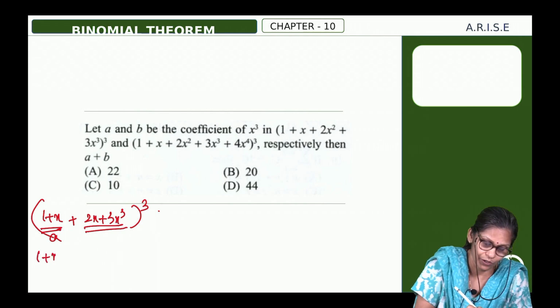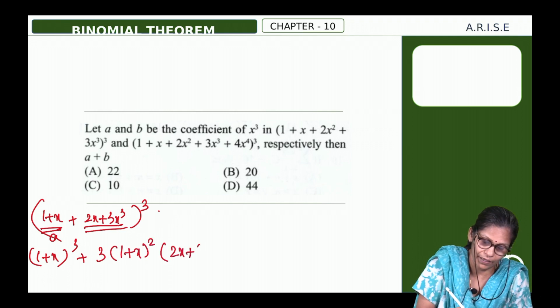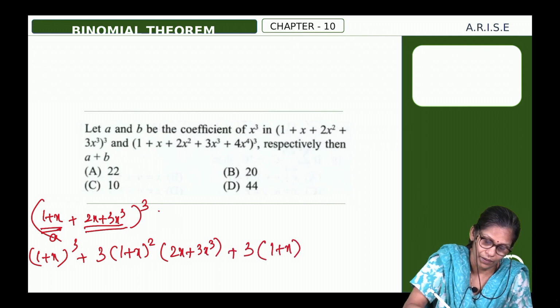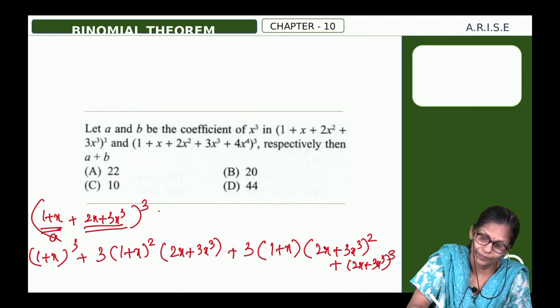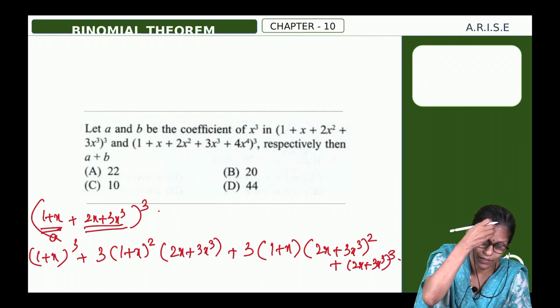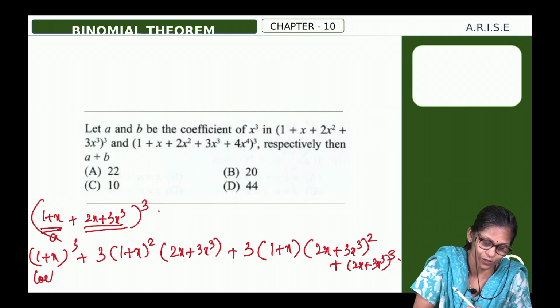It is a cubed plus 3 a squared b plus 3 a b squared plus b cubed. Now, the question is the coefficient of x cubed.